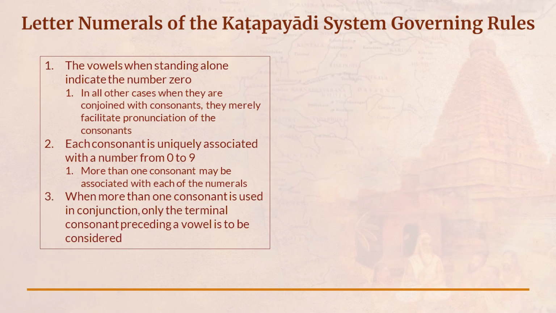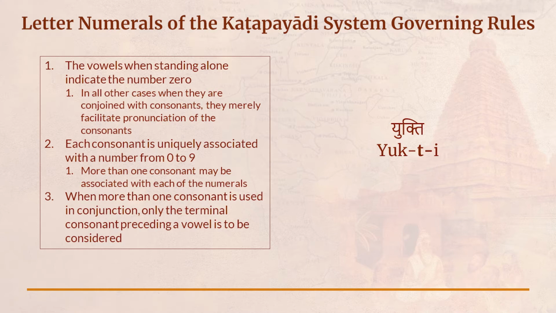The other rules that follow are as follows. When more than one consonant is used in conjunction, for example, you have a samyuktakshara, then only the terminal consonant preceding a vowel is to be considered. So, if you say yukti, I am just taking the example yukti: ik, it, tha, ka, tha and e makes ti.